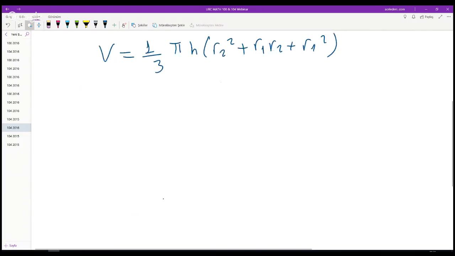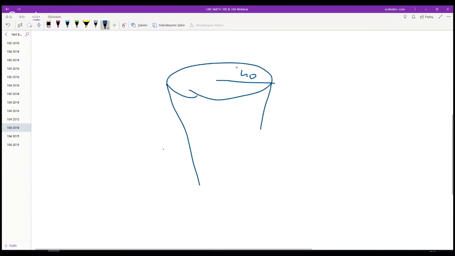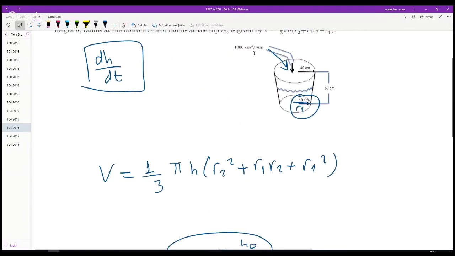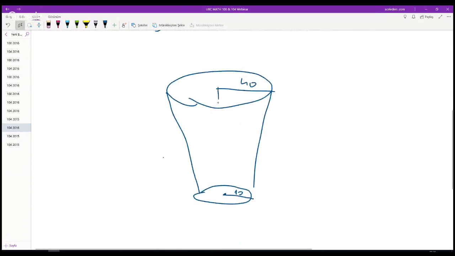Okay, so this is the bucket. This is 40, the top, and this is 10, the bottom, and this is 60 centimeters here. And at any time when the bucket is filled with water, this is R2 and this is height.